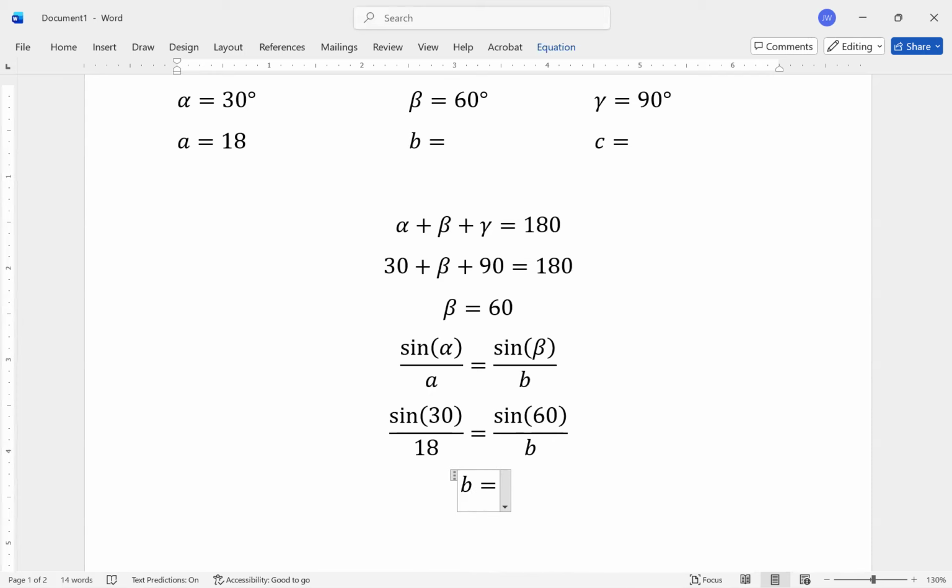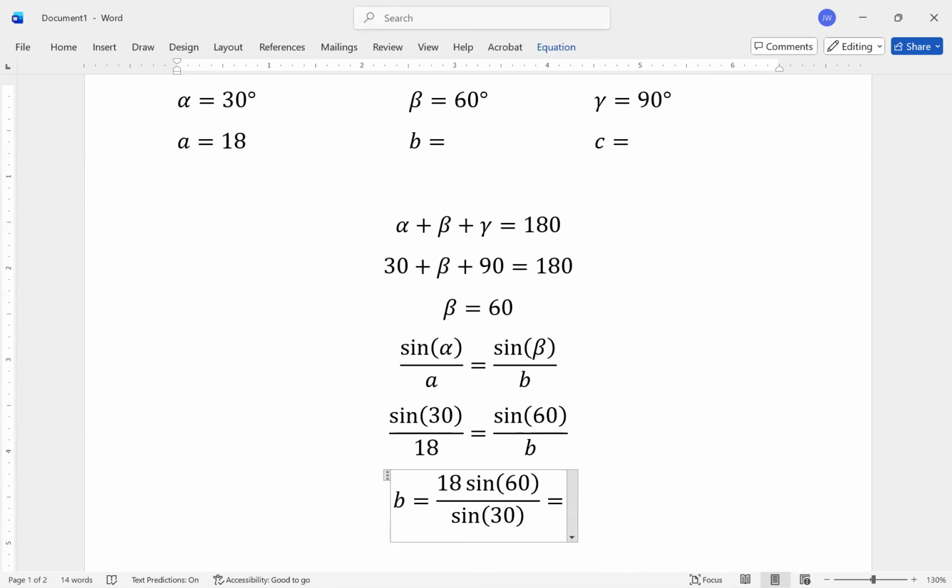I can do the arithmetic by cross multiplying and dividing. b is going to be 18 times the sine of 60 degrees divided by the sine of 30 degrees.